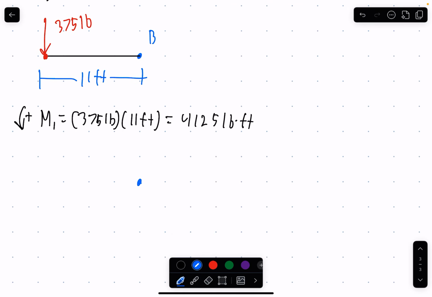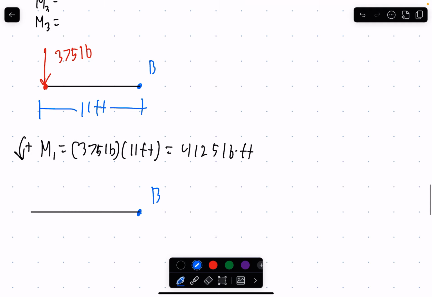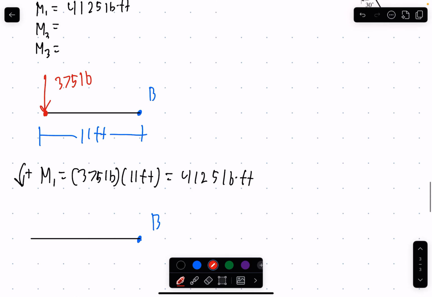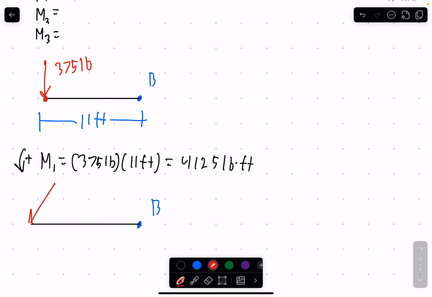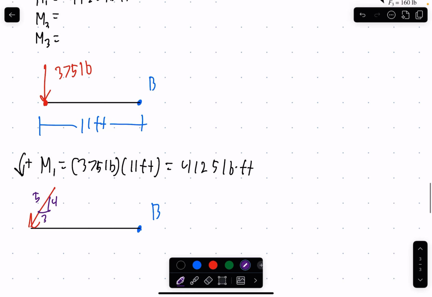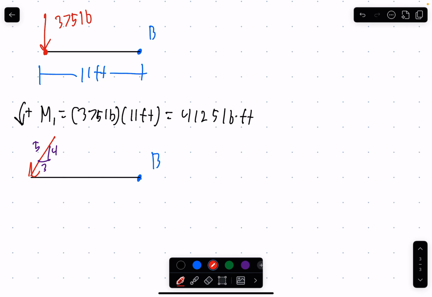Again, a diagram. Always start with a diagram or free body diagram, whatever you need to correctly display the problem. Okay. So we're going to have this angled force right here. It's going to be a 3-4-5 triangle, and 500 pounds of magnitude.